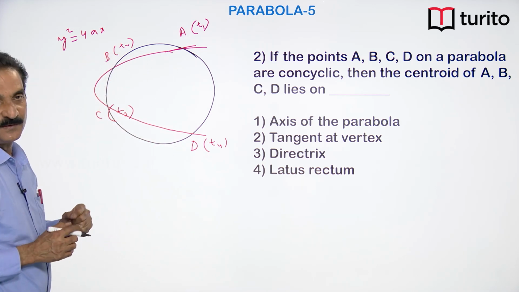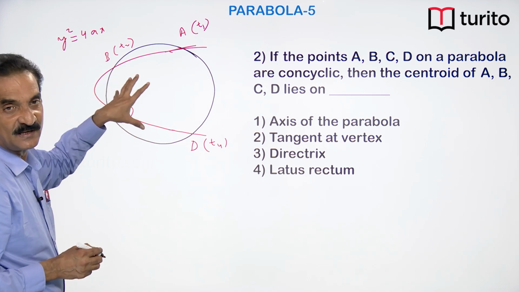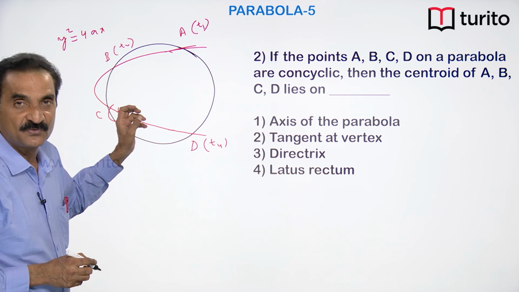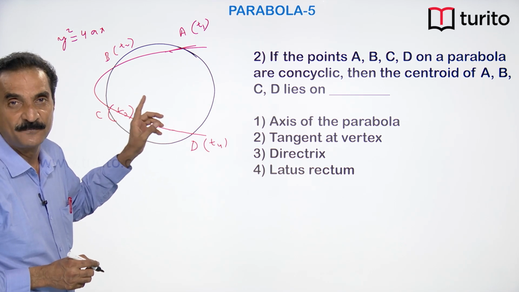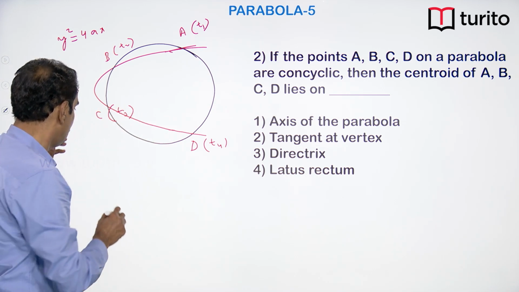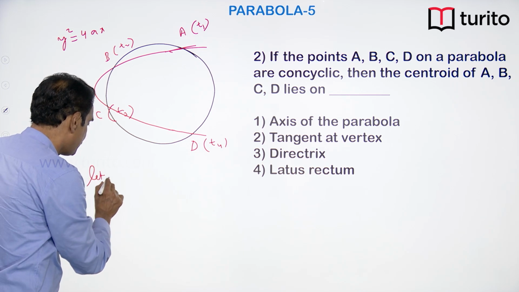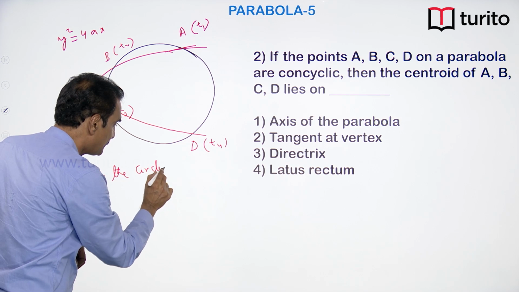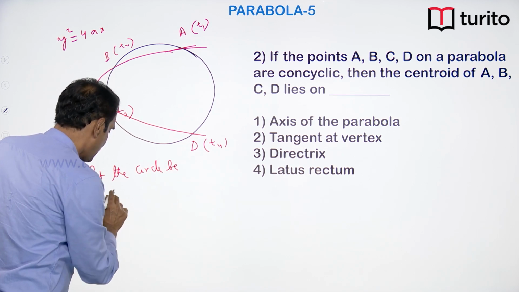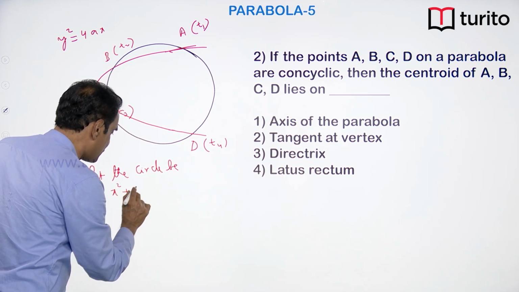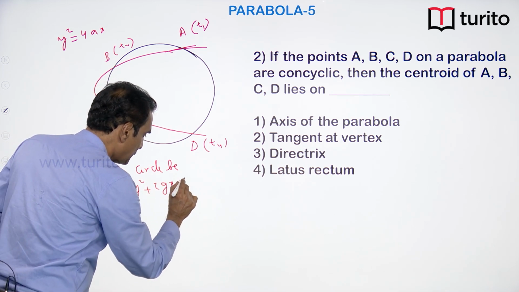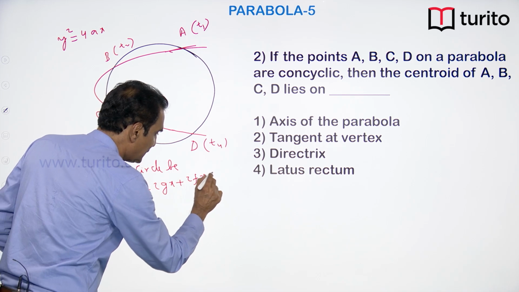To find that relation, assume the equation of the circle is S equal to x square plus y square plus 2gx plus 2fy plus c is equal to 0.